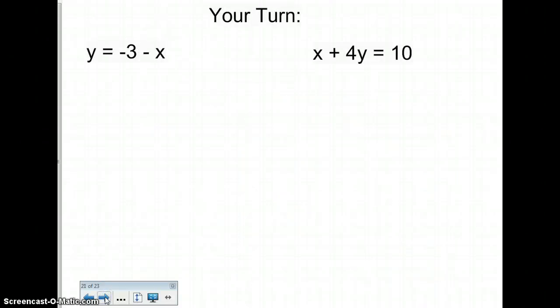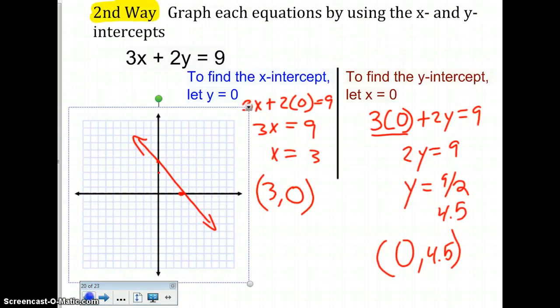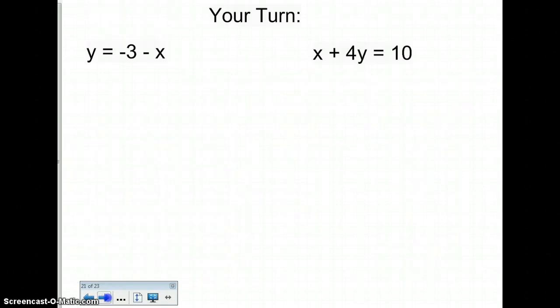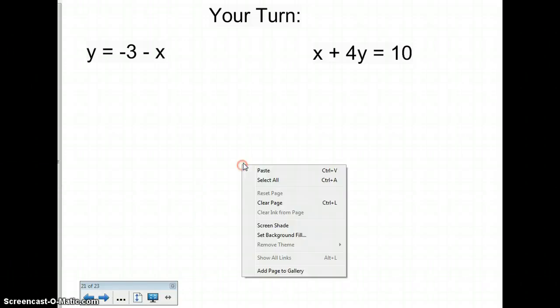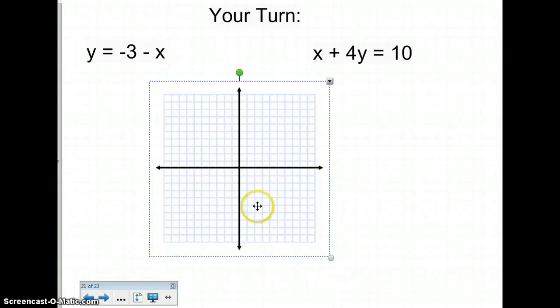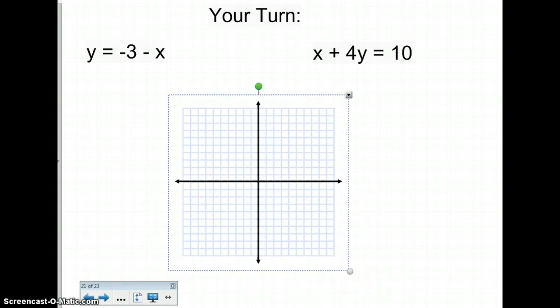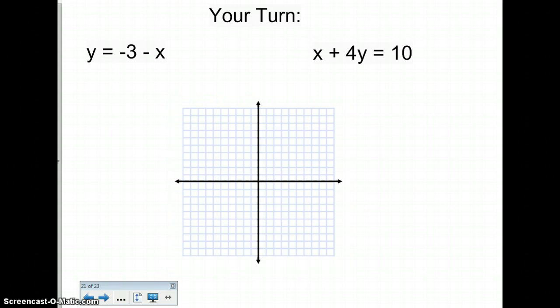So here's a couple that you could try if you can find the intercept, and then try and graph them. I'm going to copy the graph and paste it over here. So for the first one, again, to find the y-intercept, we let x equal 0.